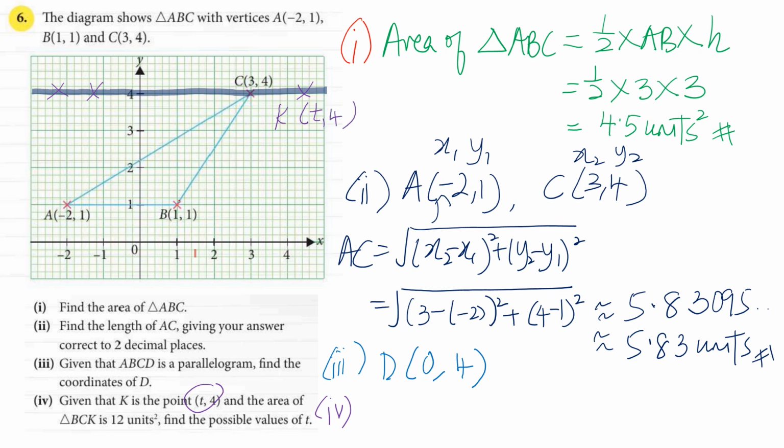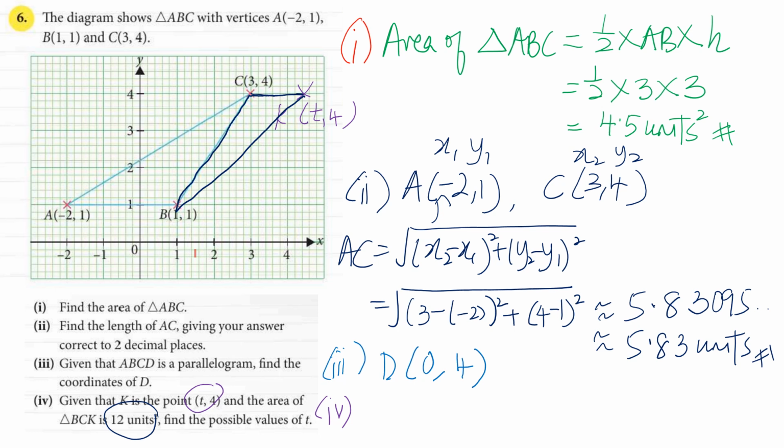Right, so if you're going to join the triangle up, it means that you have a triangle like this. Okay, and this particular triangle has area 12 units square. Okay, right, so basically your CK will form the base of the triangle.